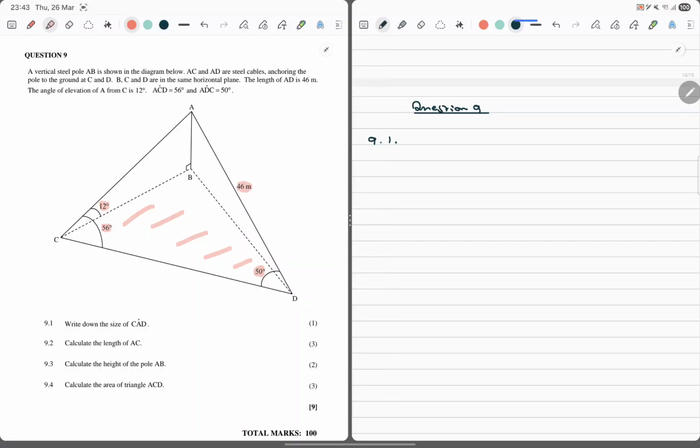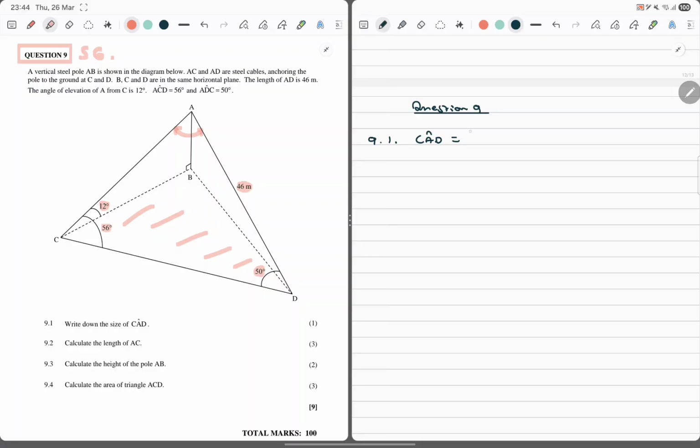Again, folks, I've shown you how to deal with this. This question used to be asked in a very strange and higher grade manner. Lately, it's certainly standard grade in the manner that it's being asked, and I wonder why. Write down the size of CAD. CAD is going to be 180 minus the sum of these two, 56 plus 50.